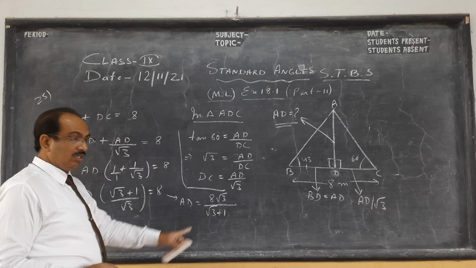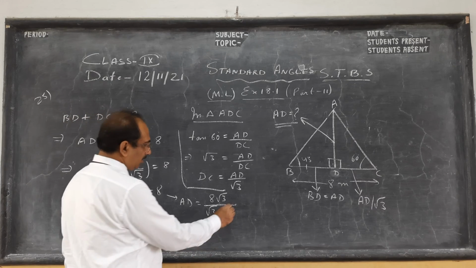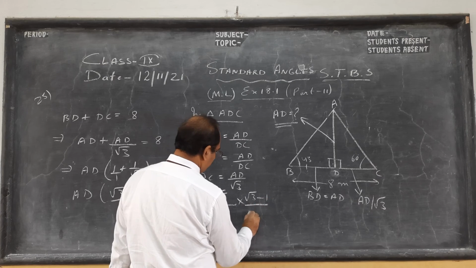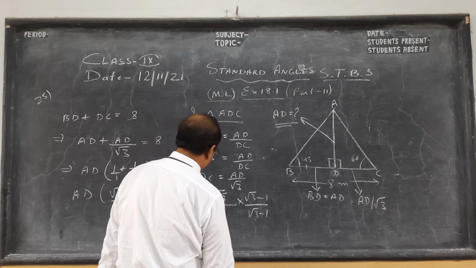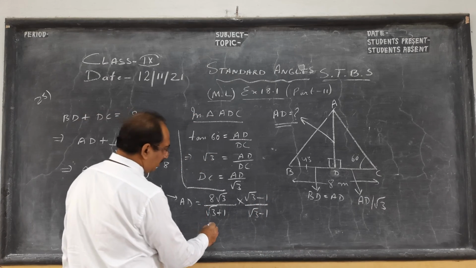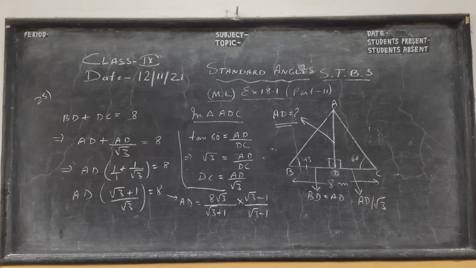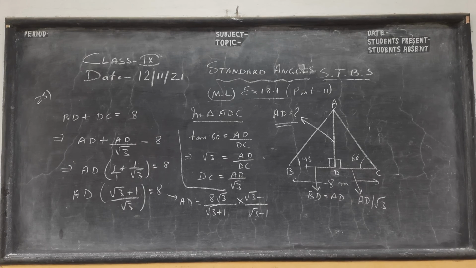Generally root is not kept in the denominator, so we rationalize it by root 3 minus 1. So what do we get, children? Kindly pause the video and copy. I need to rub the diagram to solve this.